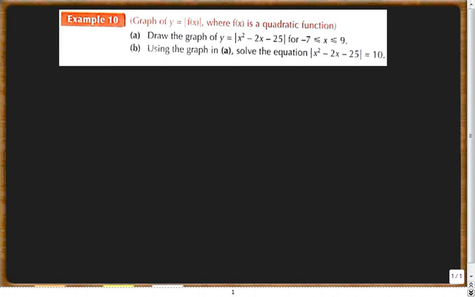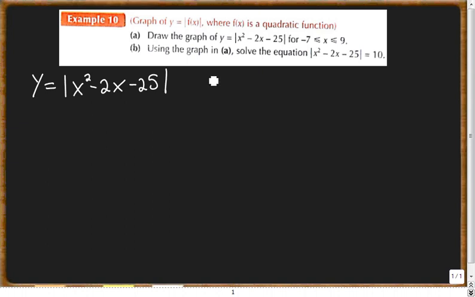Example 10 asks us to draw a graph and use it to solve an equation. So, if we were to try to draw a graph for the absolute value of x squared minus 2x minus 25, what we would see here is it's actually two separate graphs.